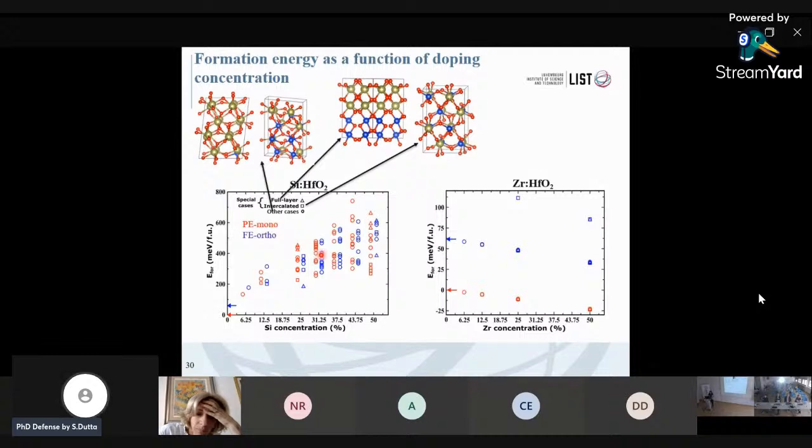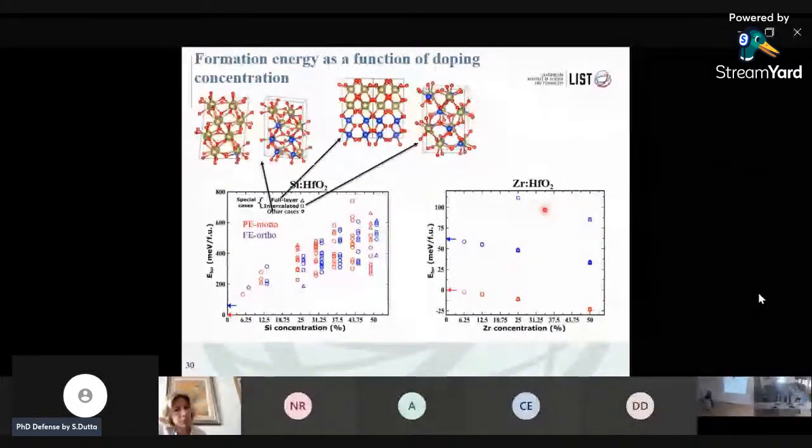So at first glance, what you notice is that there is a marked difference between the behavior of these two systems, right? Here the energy difference between the most stable and the least stable configuration is huge. It's around 400 millielectron volts. But here the energy difference is comparatively very small.